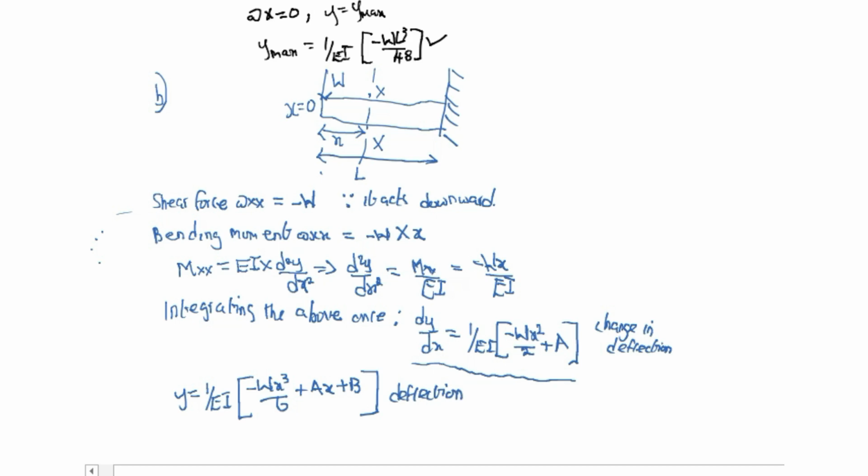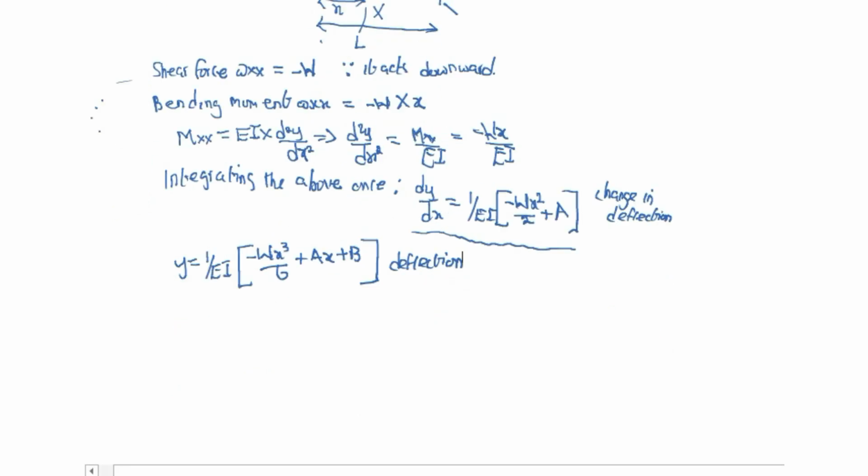Next, what we are going to do is put in the boundary conditions given. Right at x equal to 0, we have y equal to y max, and this very expression will come at the end. And also at x equal to L, what do we have?